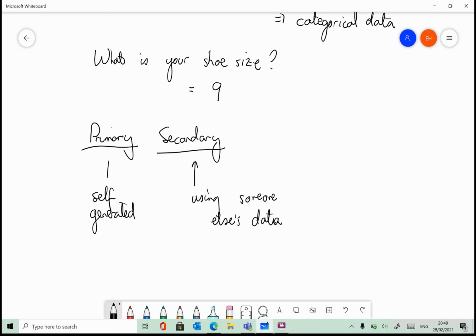So if I use that, I would be using secondary data because I'm not formulating the data myself. So primary data is data which you generate yourself. Secondary data is when you're using someone else's data that they have generated. And it's usually an organization like the government that would generate secondary data.